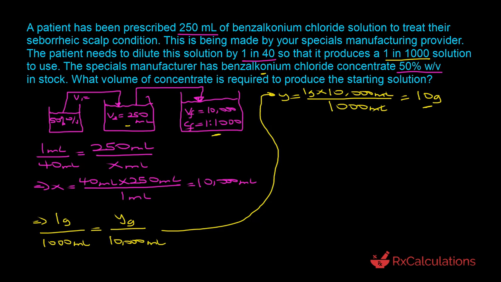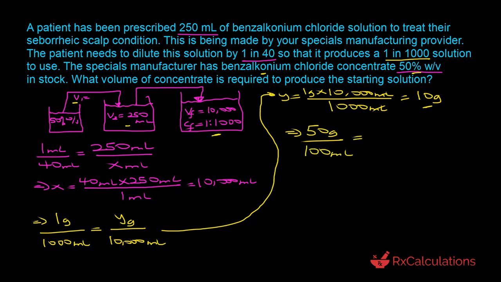And by extension, all of this 10 grams is actually also coming from the volume that was taken from the concentrate. So the next step here is to determine the volume of the 50% stock solution that you need to give you this 10 grams. We make use of the understanding that 50% implies that you have 50 grams of benzalkonium chloride in 100 milliliters.